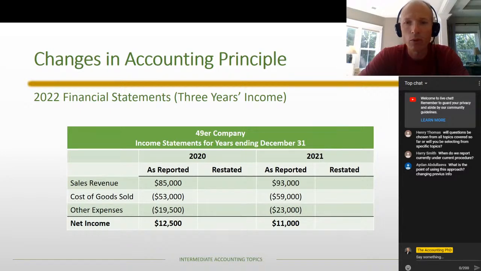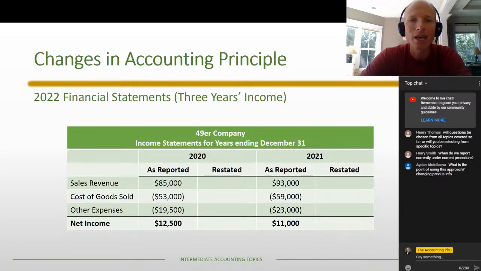They originally reported in 2020 sales revenue of $85,000, cost of goods sold of $53,000, and other expenses of $19,500, for a net income of $12,500. And then, of course, we can see different numbers for 2021.